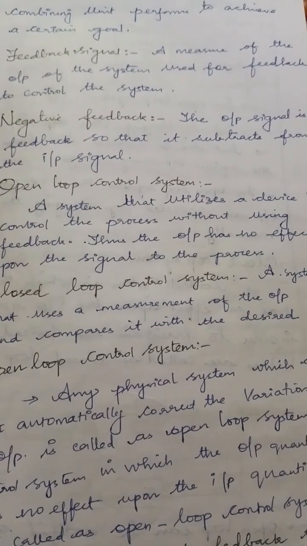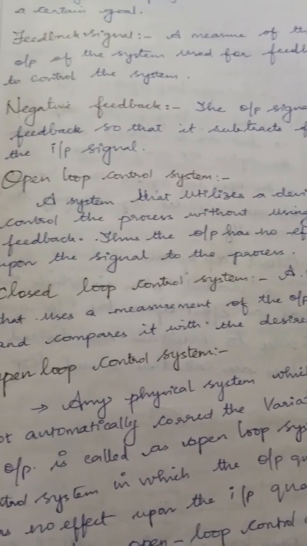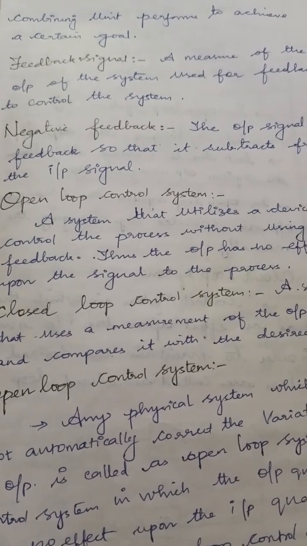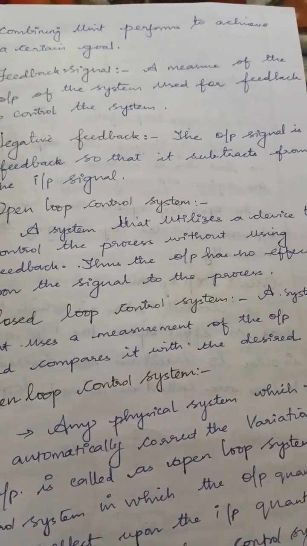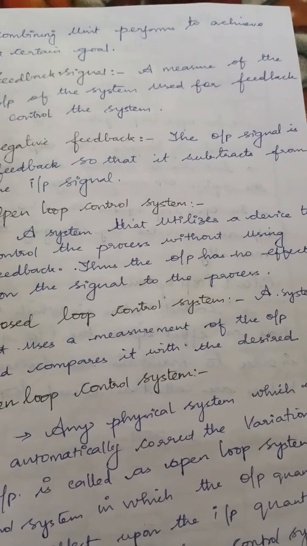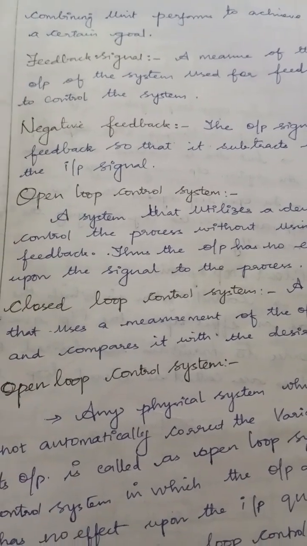If we give an input to a system, we will get an output. If we are not feeding that output again as an input, and only relevant to the input we are applying we get the output, such a system is known as an open loop control system.